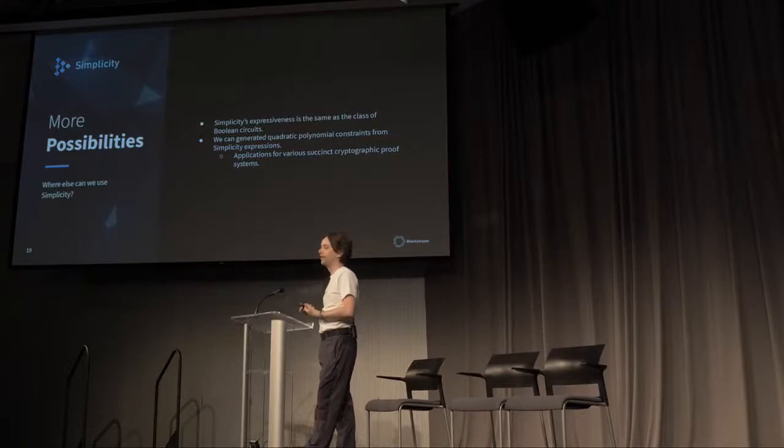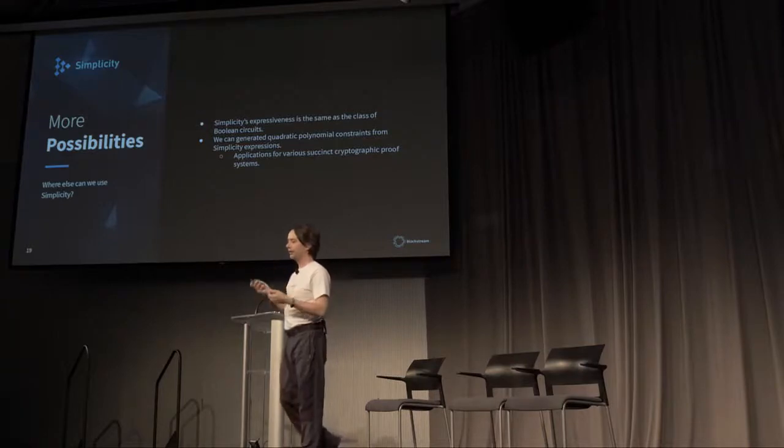And this is useful for various zero-knowledge proof systems like Bulletproofs and a whole host of other things, right? So there could be some reuse here of taking verified Simplicity expressions to generate various succinct cryptographic proofs, right?